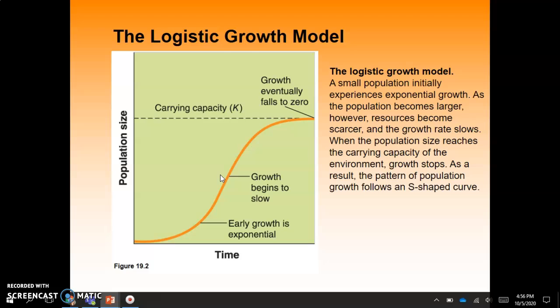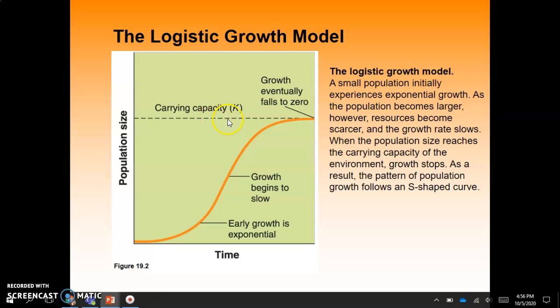And this model can be used for any organism. We can be talking about dolphins, mosquitoes, humans, anything. So the growth begins to slow, and then eventually we will reach this dotted line up here. This is the carrying capacity.